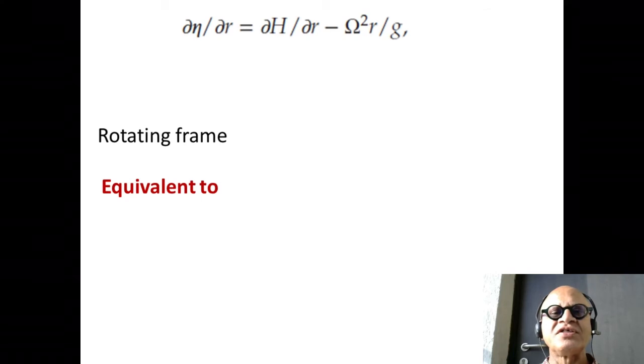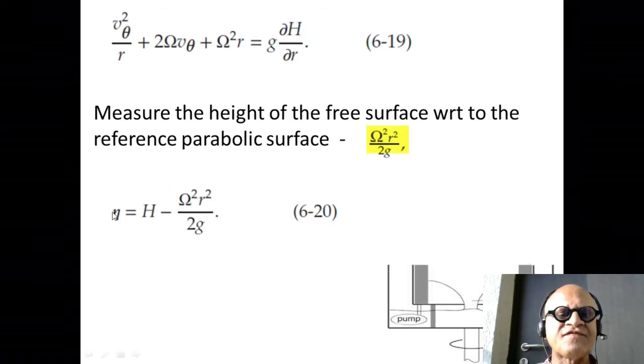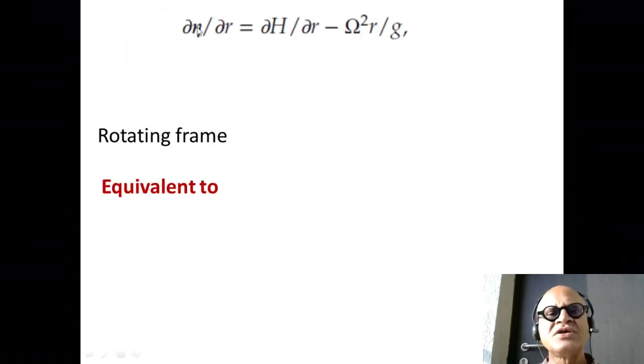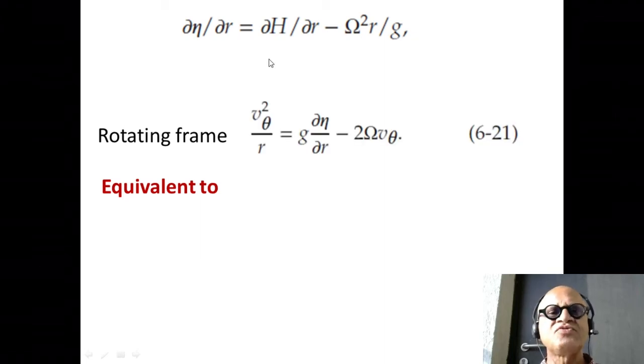the draining started. So we can then take the derivative of this in the radial direction, which gives us d eta dr equals dh dr minus omega squared r over g. What does it get us? Basically, we get a simplification that looks like this. In the rotating framework, the radial balance will be given by v theta squared over r, the speed relative to the tank. That's what has to be balanced by the pressure gradient and the centrifugal force.